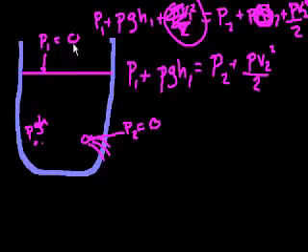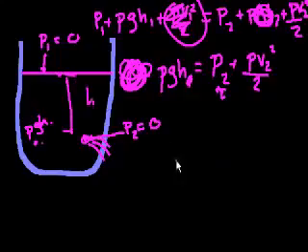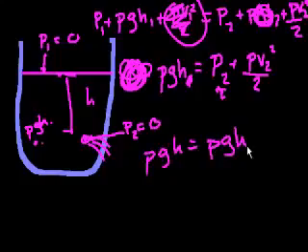I think that is clear to you because we have a vacuum up here. So the pressure at that point is 0, so we could ignore that. And so the question is, what is the pressure here? And I said, well, this pressure is 0 because we have a vacuum here. If I were to say that the pressure at this hole is equal to rho GH, where this is H, then I would have the situation where rho GH is equal to rho GH plus rho V squared over 2.